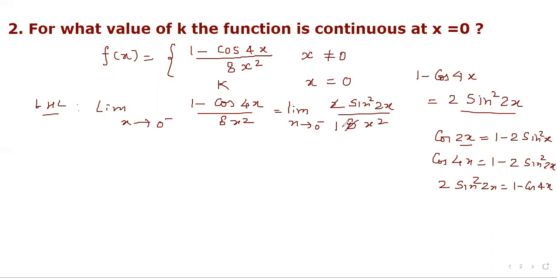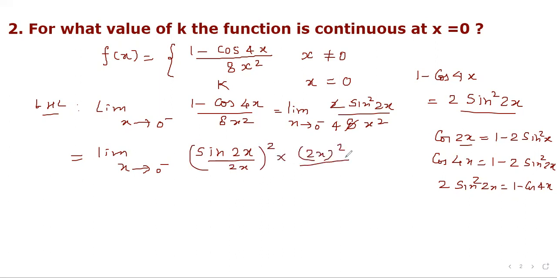This will become 4. So limit x tends to 0 minus, and we can make it (sine 2x divided by 2x) whole square multiplied by (2x) whole square divided by 4x square. So this will become 1, and this will become 4x square. This will also become 1.